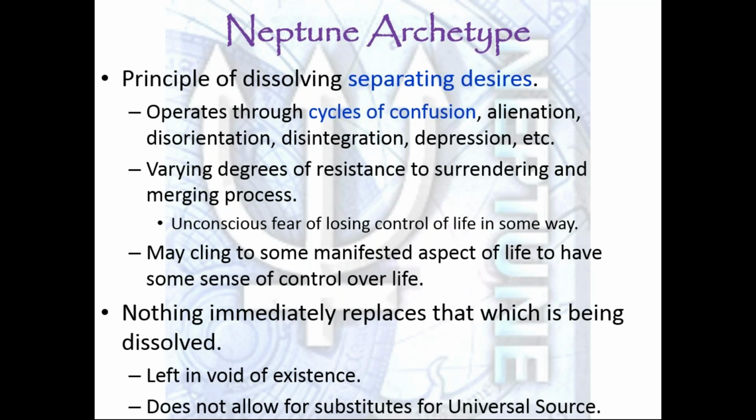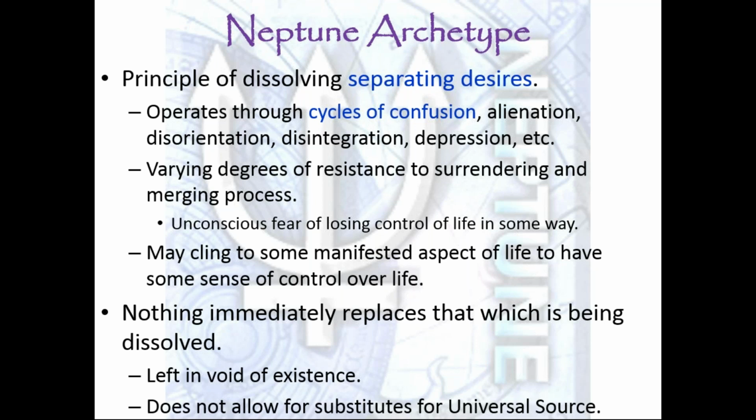So as we all go through those cyclic time periods where we enter the confusion and disintegration through Neptune, Pisces, 12th house, what will happen in that cycle of confusion is it will not immediately be replaced, whatever was just dissolved.